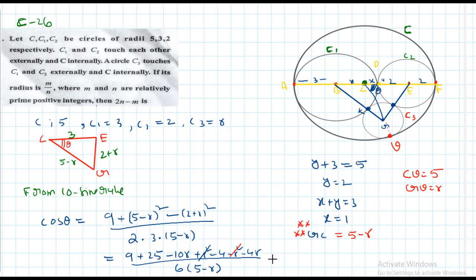So 25 plus 9 is 34, 34 minus 4 is 30, minus 10R minus 4R is minus 14R, by 6 times (5 minus R). Leave it, later we will write. This is cos theta now.